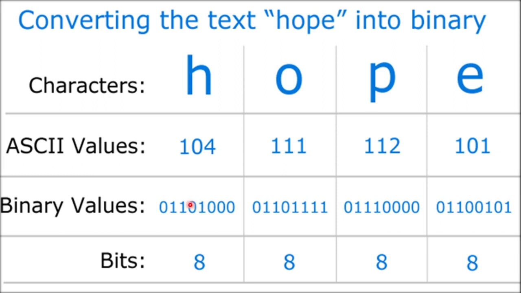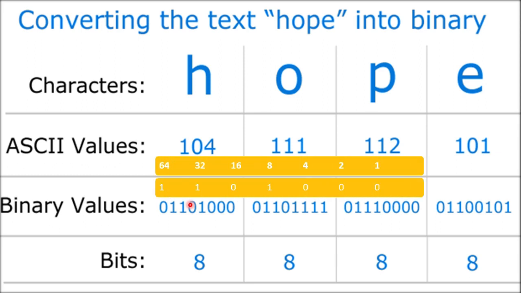How to do that? It's very simple. Let us look. In order to convert, I am converting this 104, the equivalent decimal code of small letter h. I have written this table only for 104.